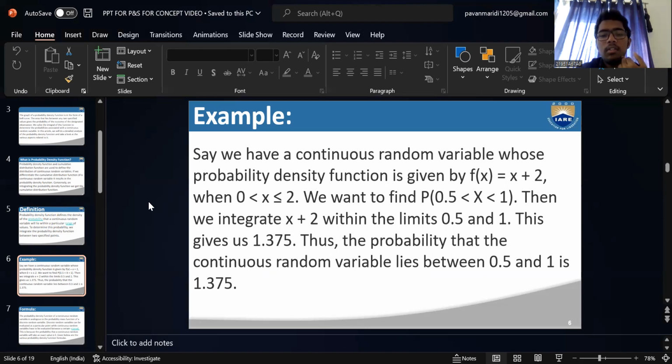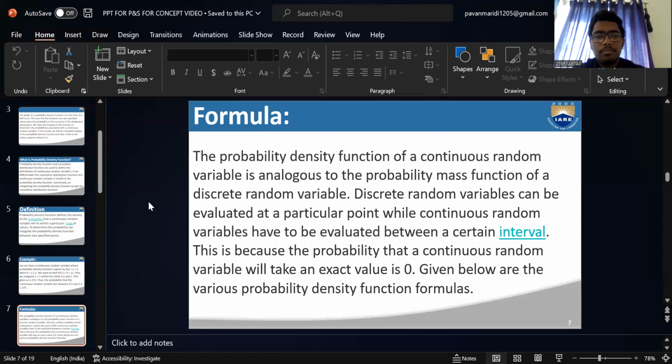This gives us 1.375. Thus, the probability that the continuous random variable lies between 0.5 and 1 is 1.375. This is the example of our PDF.